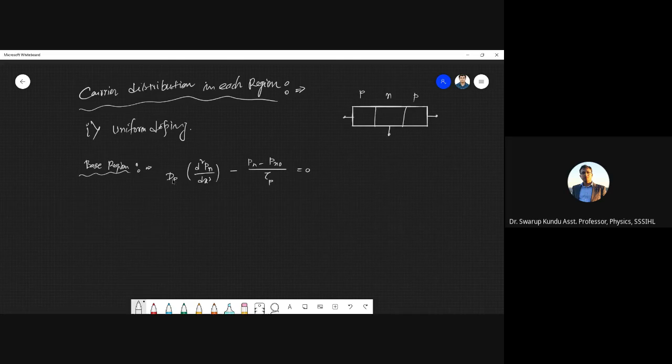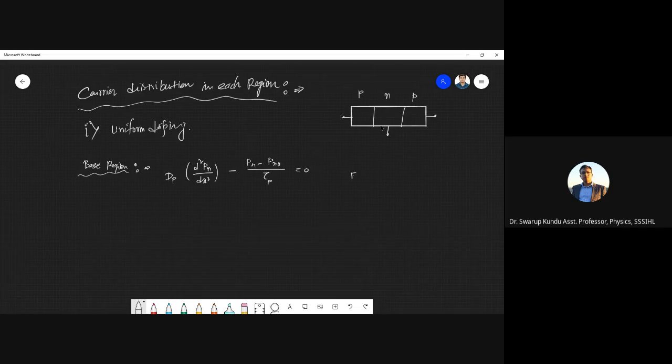You can write it in this form because of the steady state condition, with electric field 0 and steady state flow.